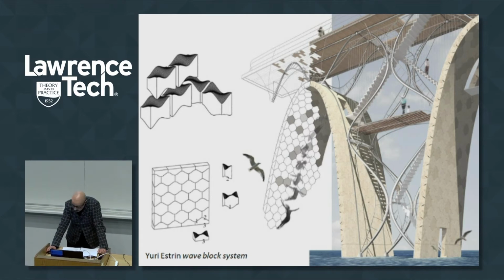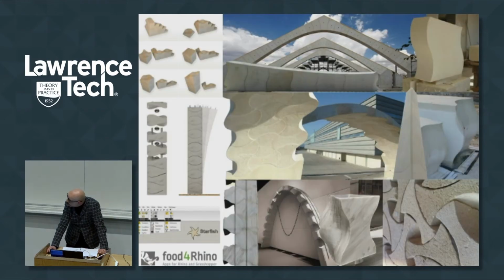morphological affinity between the block that you can see here, the block of Truchet, and the block in the recent research of a research group of Professor Yuri Estrin of Monash University in Australia.